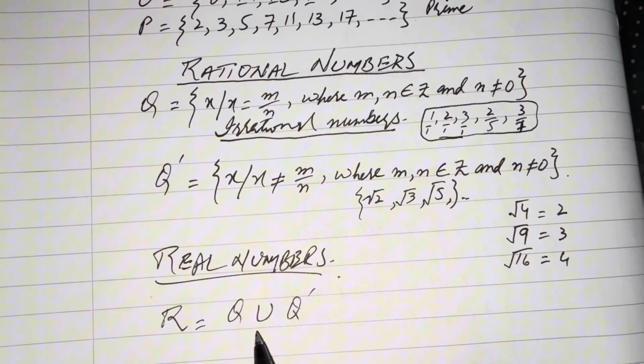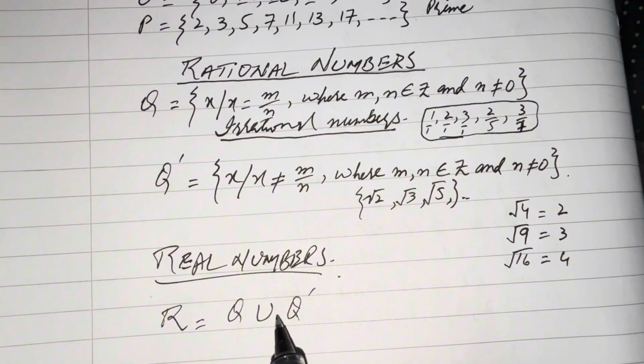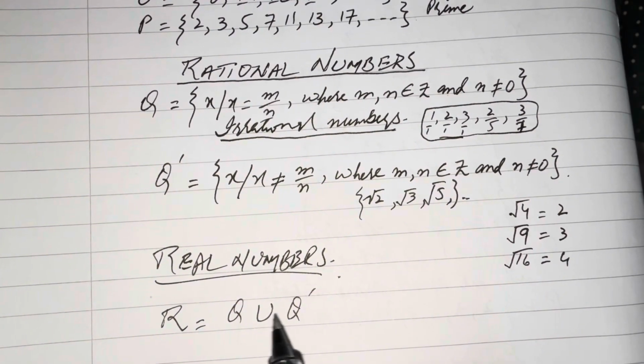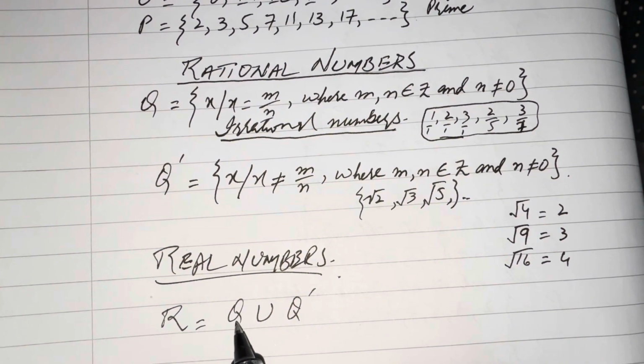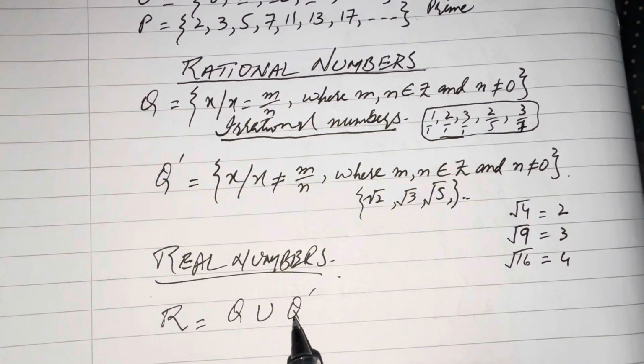Union is the term that we use in sets, and that means if we add all the numbers, these are called the real numbers. If we gather the rational numbers and irrational numbers, these are called the real numbers.